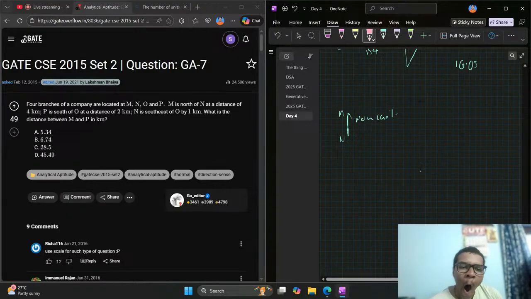Alright. M4. P is south of O at a distance of 2 kilometers, N is southeast of O. P is south of O at a distance of 2.